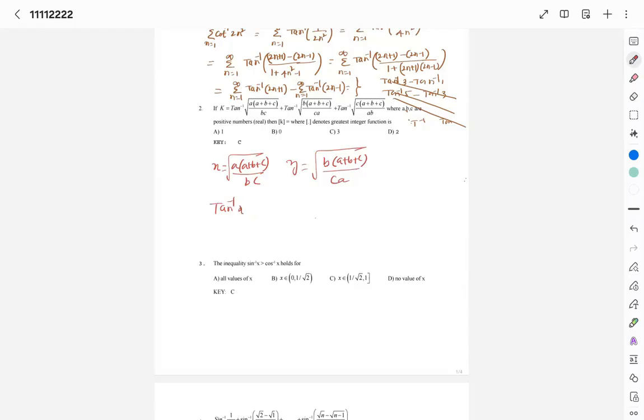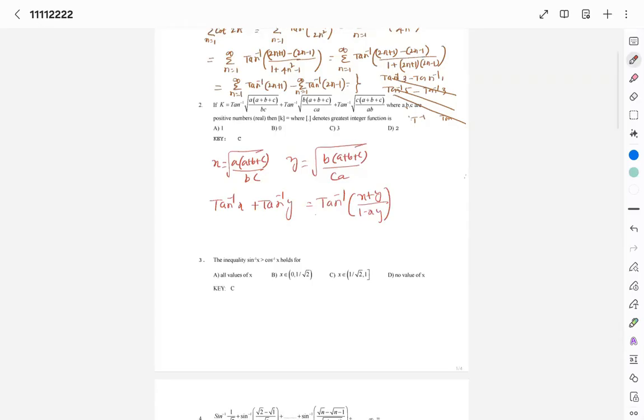Tan inverse x plus tan inverse y. If you write without knowing the conditions, your x plus y will be root of a plus b plus c by c, into a by b plus b by a.